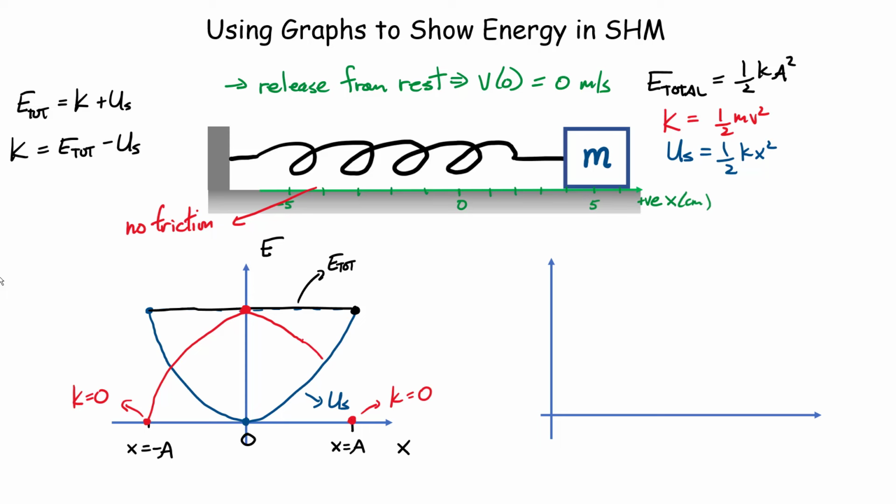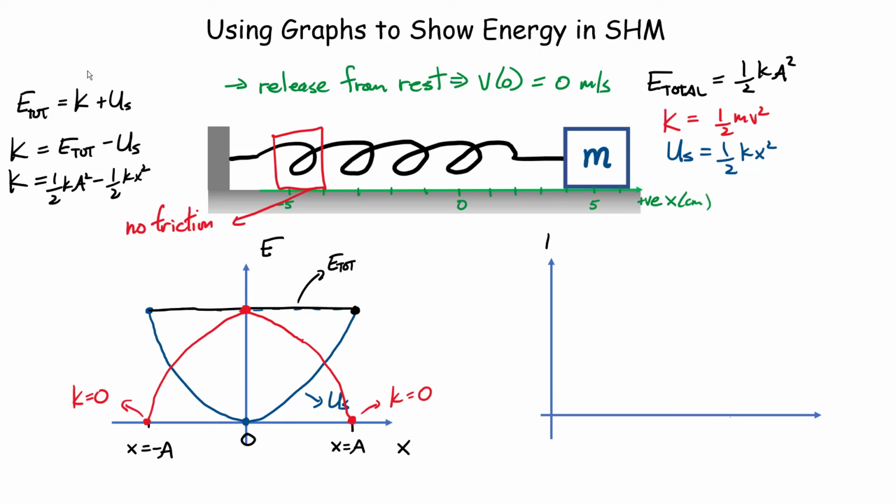Try to sketch it nicely here. It should look something like that. Okay, and then again, you can substitute the values to show that. So here you get 1/2 kA squared, and then minus 1/2 kx squared. So here I have a minus kx squared. A negative in front of an x squared is an inverted parabola, if you remember that from math class.